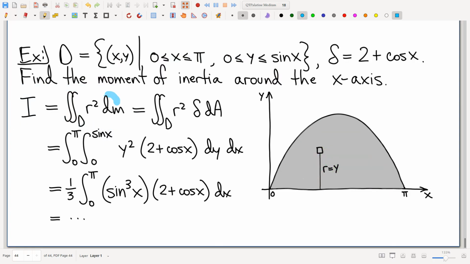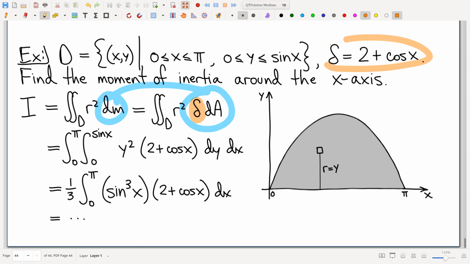Well, mass is density times area, and density is given right here. Density is 2 plus cosine x. So that's how the dm simplifies. Everybody happy? Everybody good?